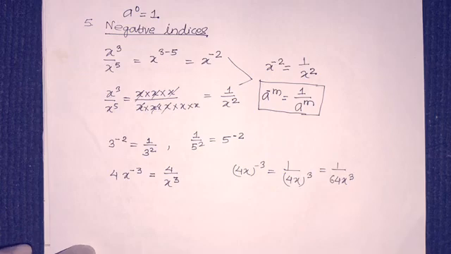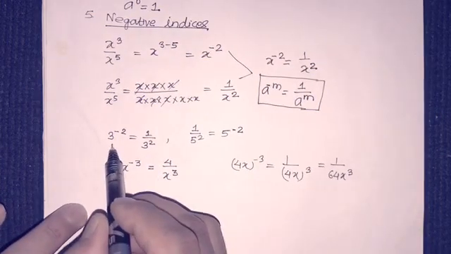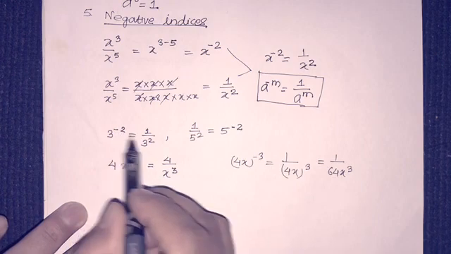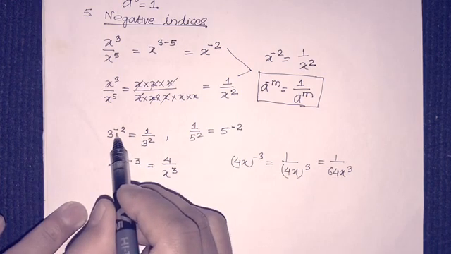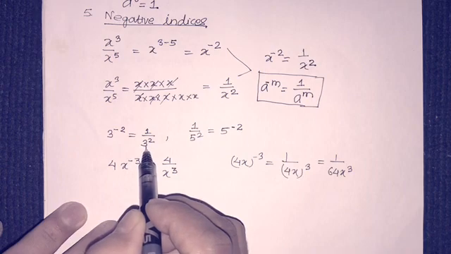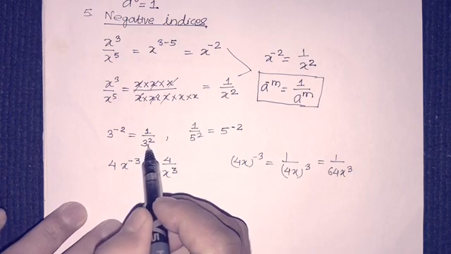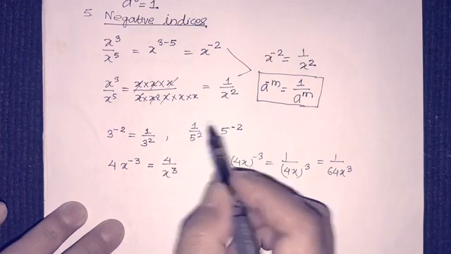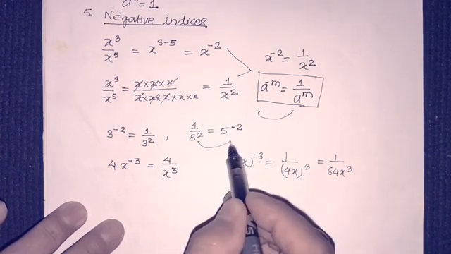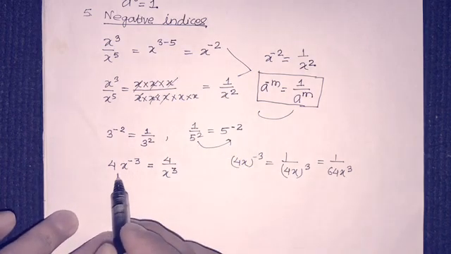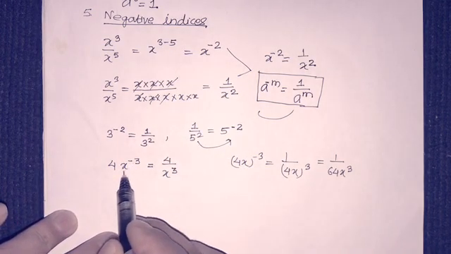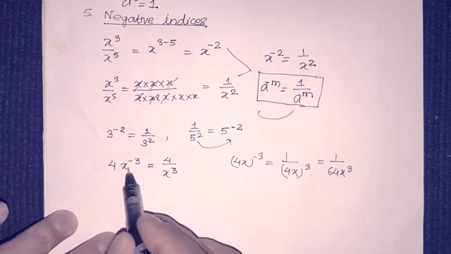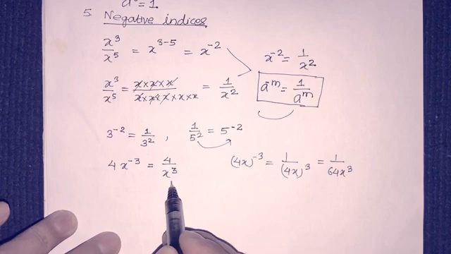Okay, and let's see some examples here. 3 to the power -2, so this is dropped down and made positive. Okay, and with this formula used this way, look at here, -3 only belongs to x, so 4 remains in the numerator and x goes to the denominator.